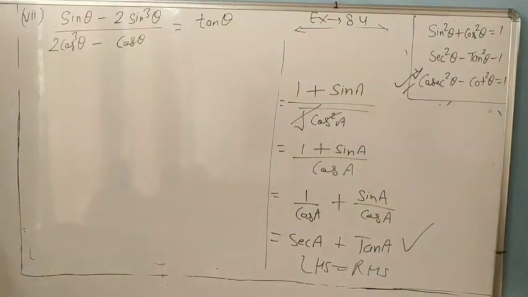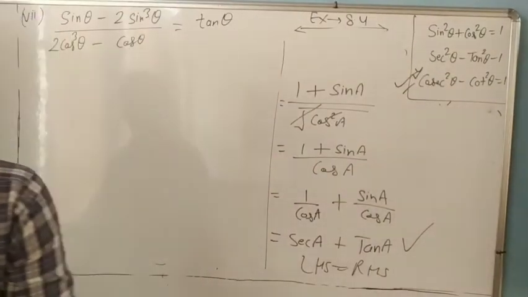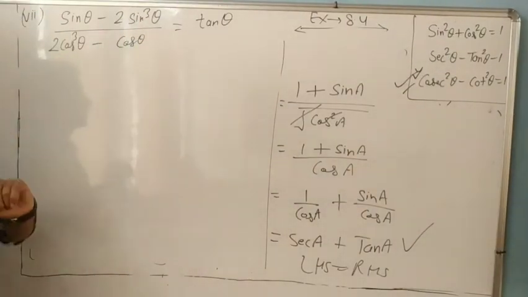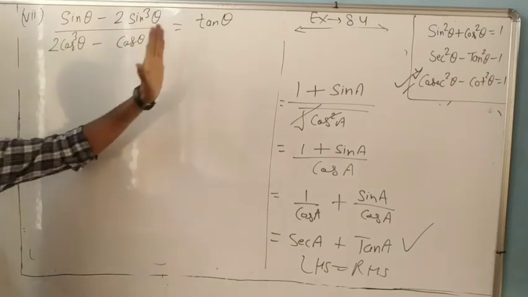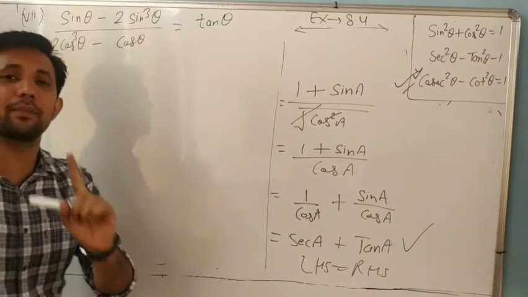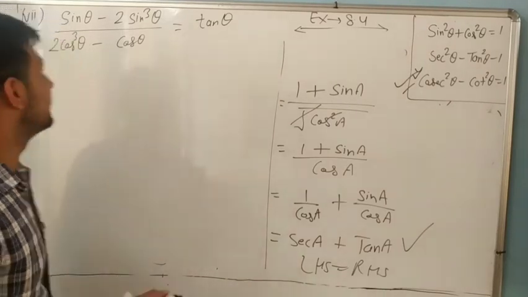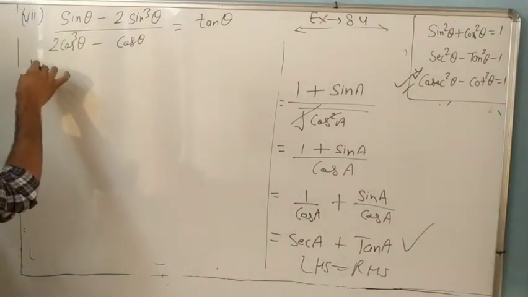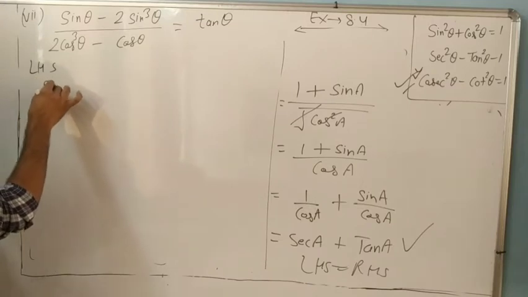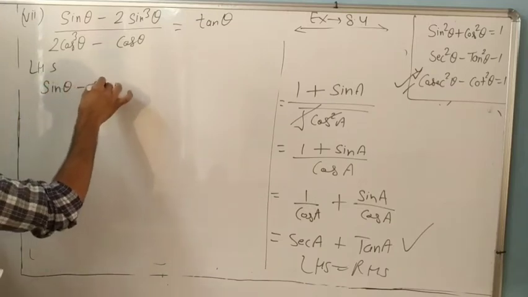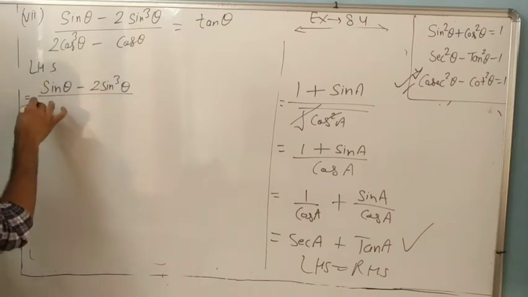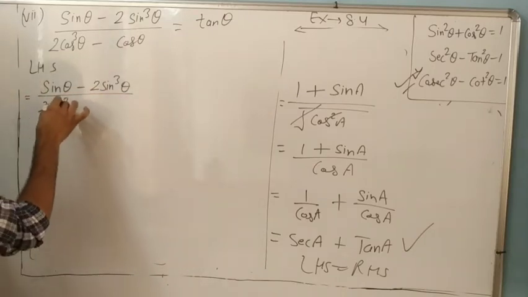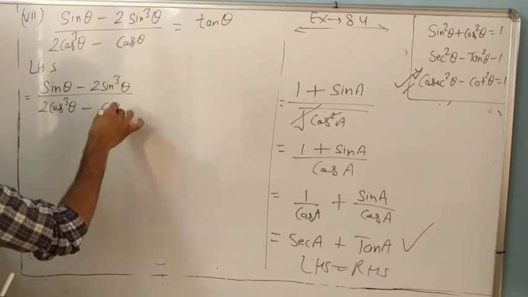Yes, dear. Now, 7th part: sin theta minus 2 sin cube theta upon 2 cos cube theta minus cos theta equals tan theta. First step is always to take the left hand side. So sin theta minus 2 sin cube theta upon 2 cos cube theta minus cos theta.